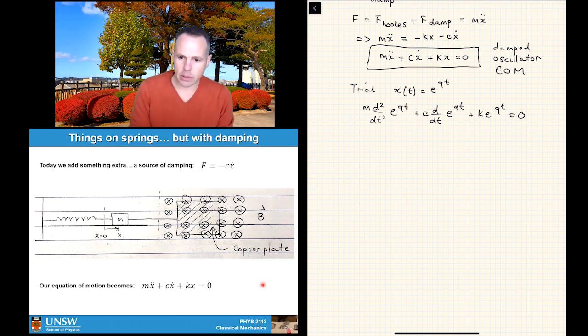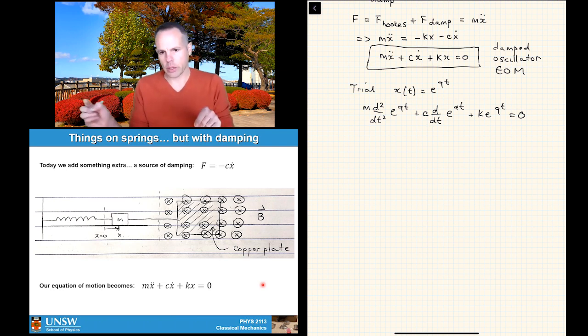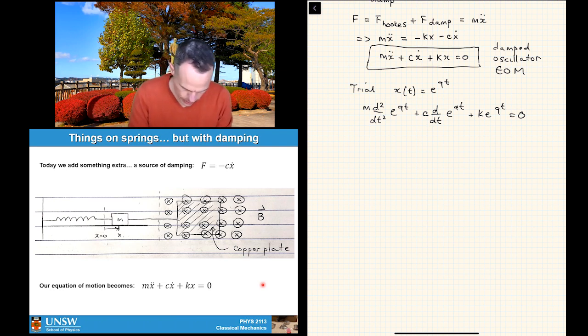The first one up the front is going to give us a q squared. And as you know from yesterday, we can pull the exponential term out the end. So let's do that straight up. We're going to have m q squared plus our second term is going to give us c q, our third term is going to give us k, all times e to the q t equals 0.